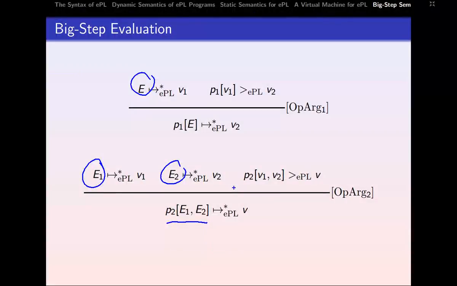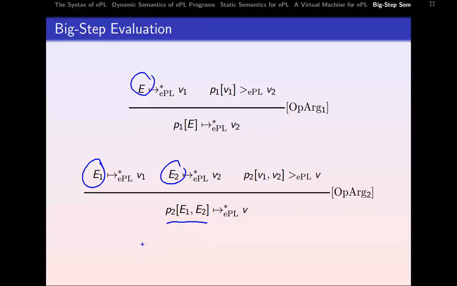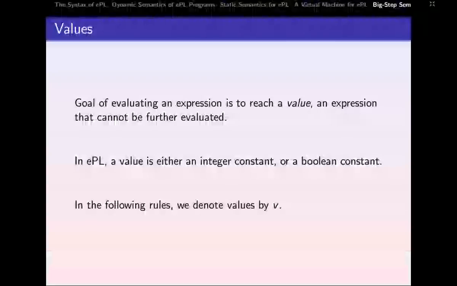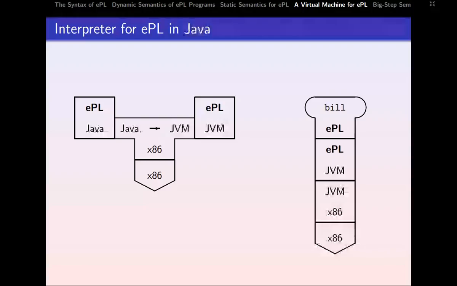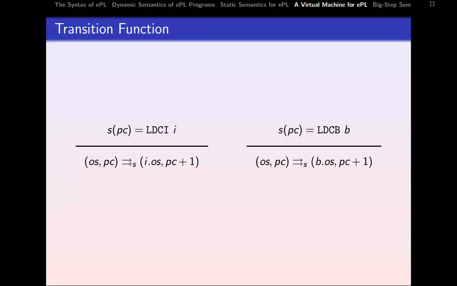So this is an expression, and this is the value of an expression. In a small step semantics, what you have at the top is very small elements. Let's go back to the transition function. There's no composition here. There's nothing that is composed from small things into bigger things.